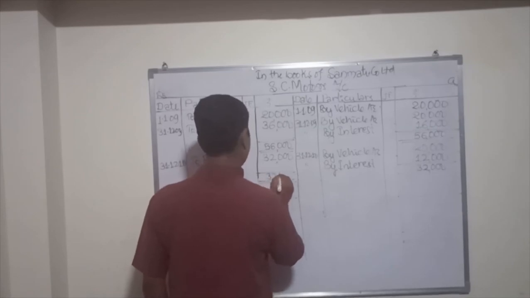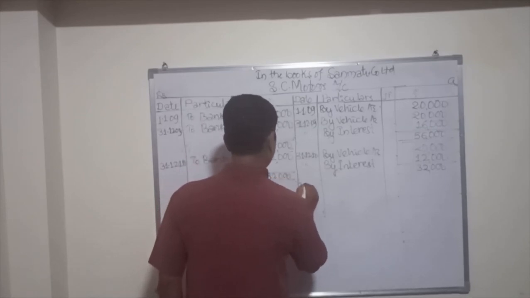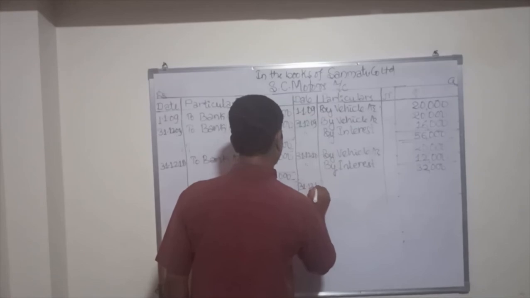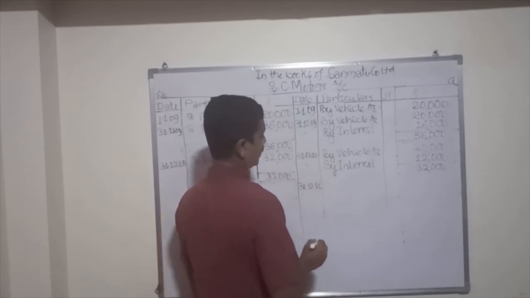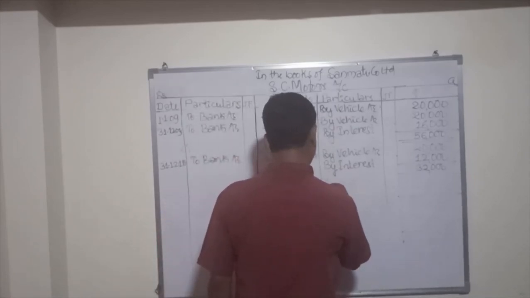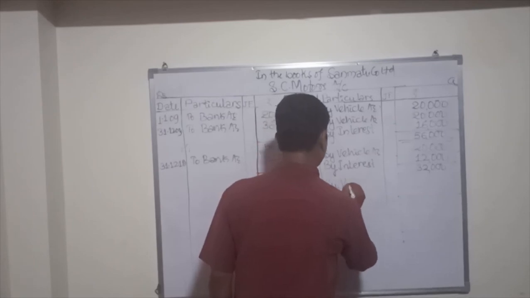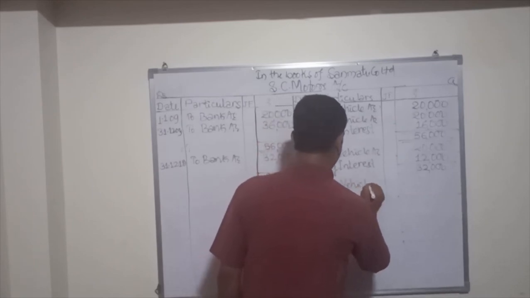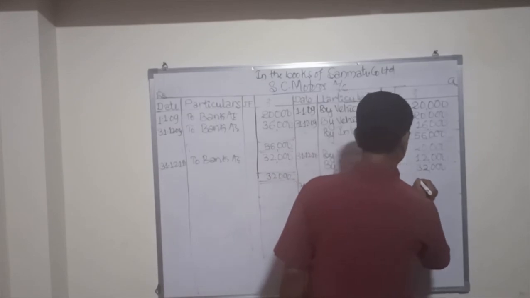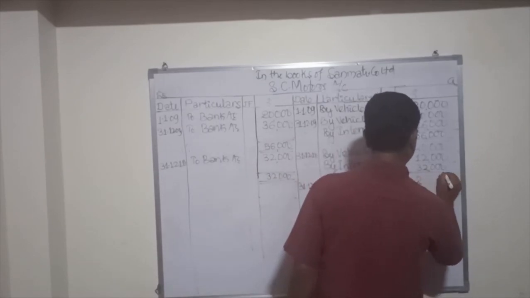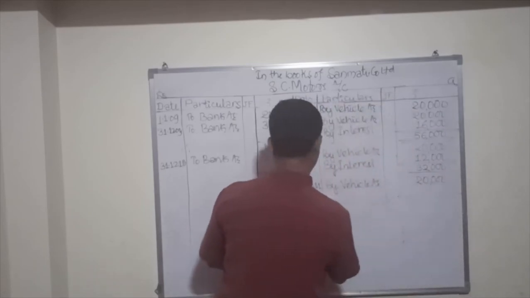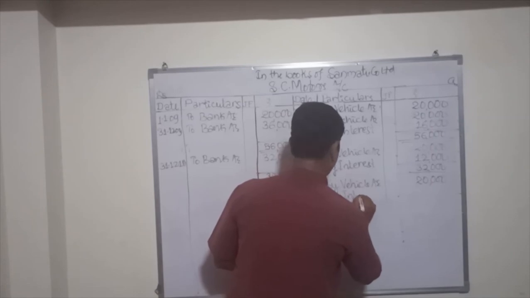So here 32,000. The third installment is due on 31/12/2011. Then the entry will be vehicle account debit, interest account debit to SC Motors. So SC Motors is credited by vehicle 20,000, then by interest 8,000.